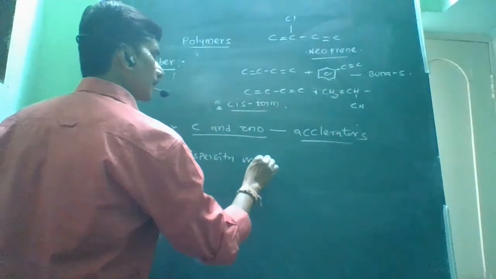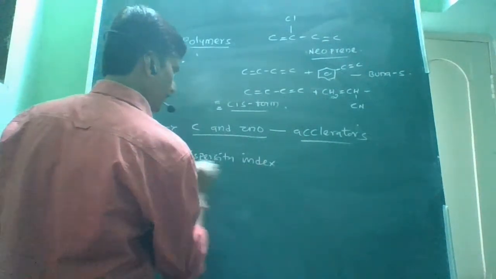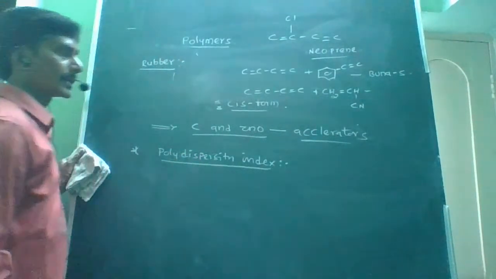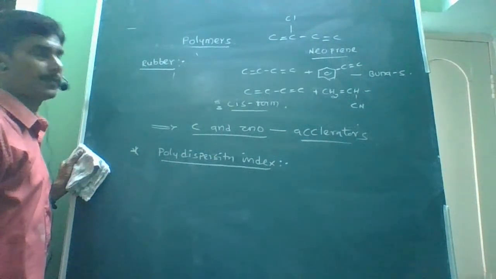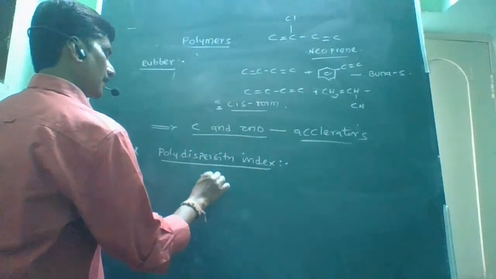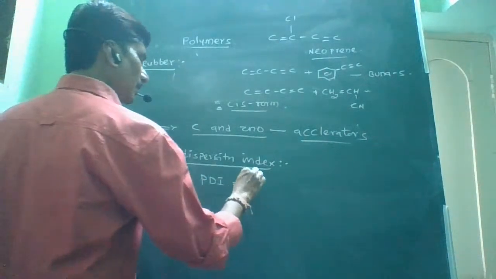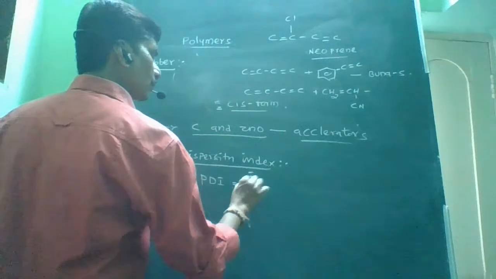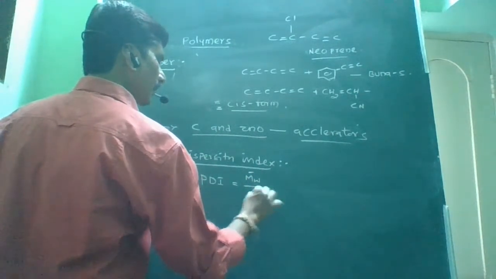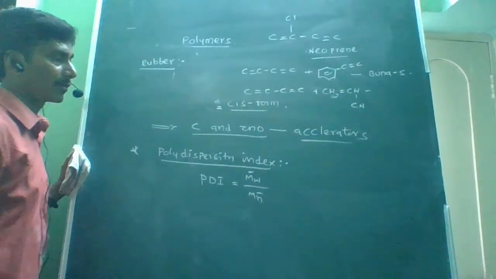Polydispersity index. It is the ratio between the weight average molecular weight and the number average molecular weight.